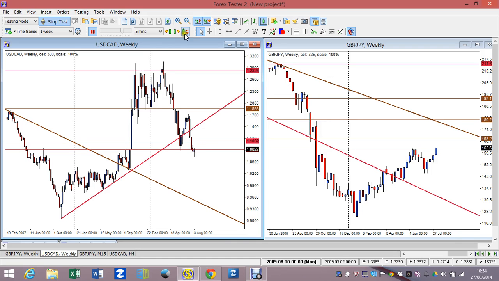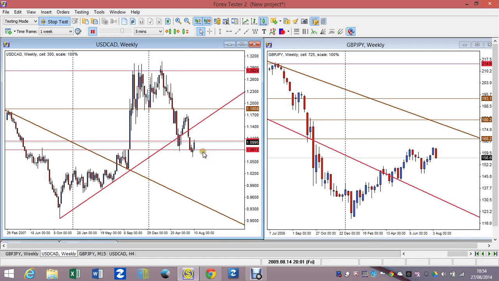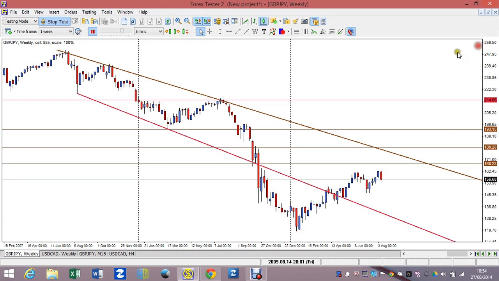Another pin at this level. But that would be cheating, because I'd already moved past it. Okay, let's look at this on the weekly. On the pound yen.